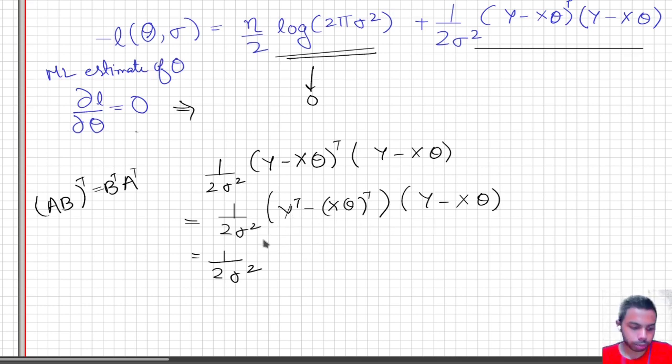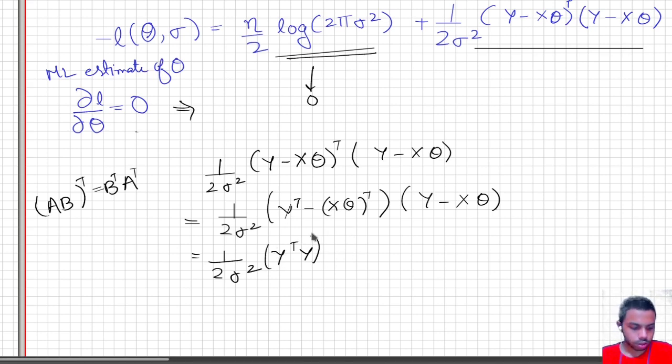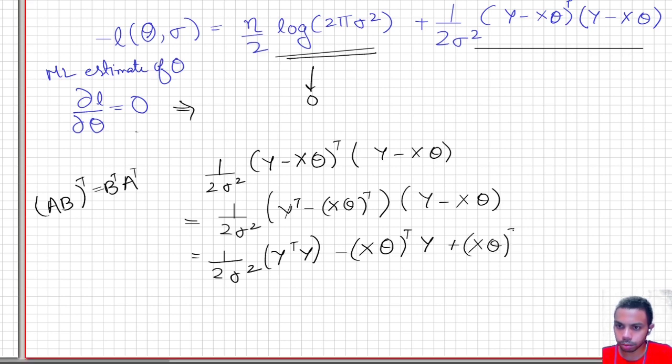Using that and expanding and multiplying at the same time, let's keep things simple and first multiply. What I would have is y transpose y, then minus (x theta) transpose y, then plus (x theta) transpose x theta.